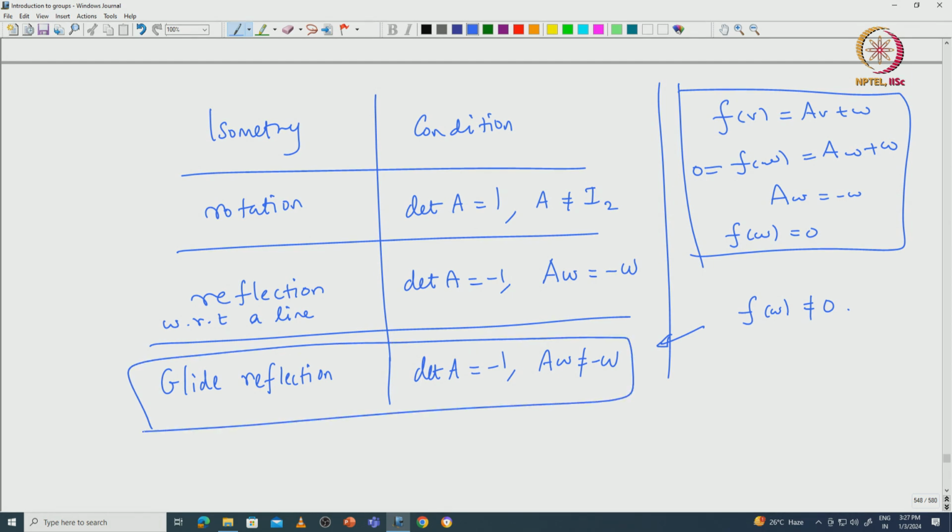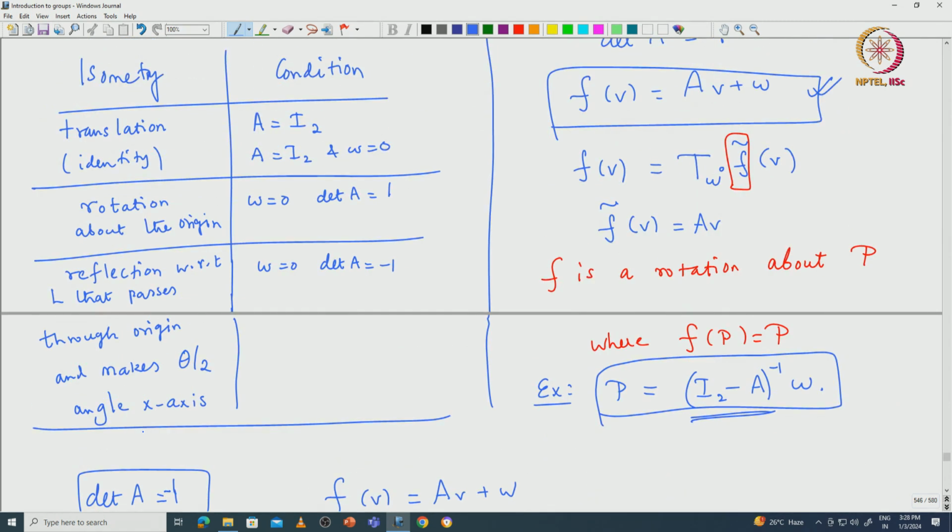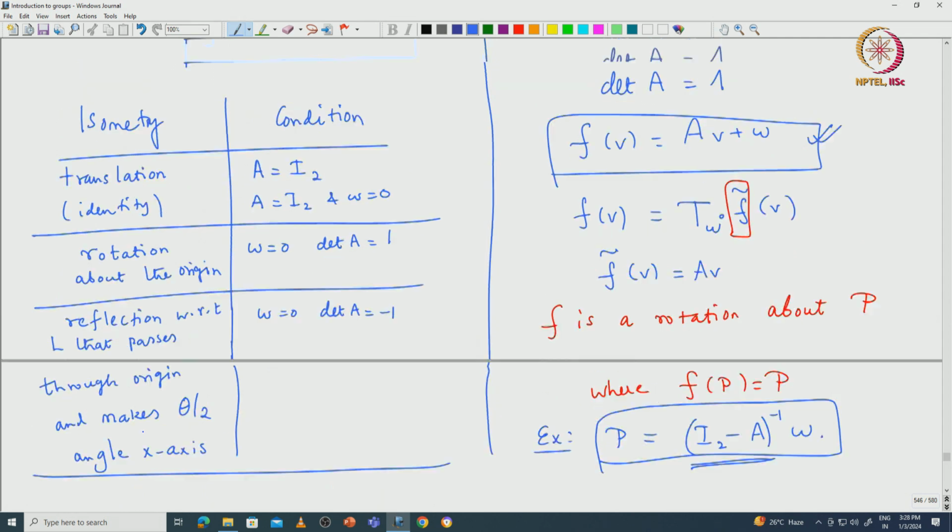But of course, it is important to figure out what this means geometrically. I will leave it to you to figure it out. So, these are the only possibilities that we have. In all these possibilities, we have interpreted physically what happens to those isometries.